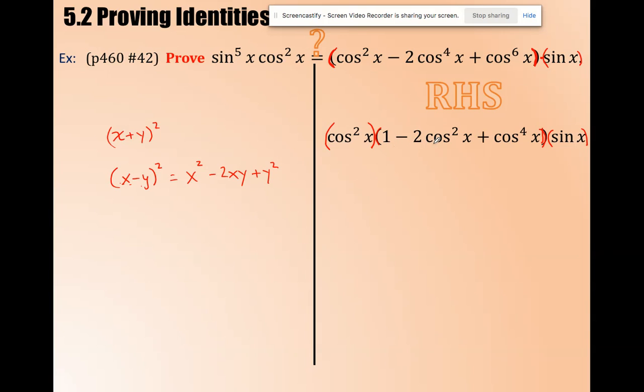Doesn't that look kind of similar up here? Oh, wait a second. There's squares and a fourth. Well, look at that: factoring of a perfect square trinomial.